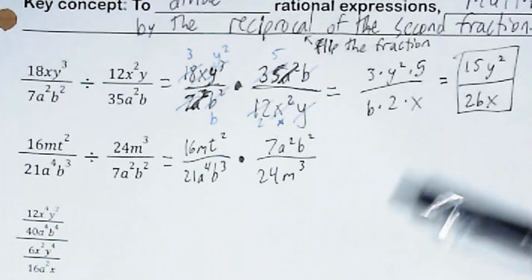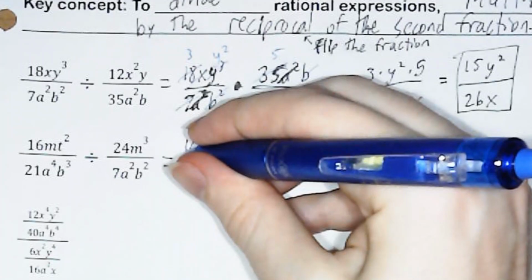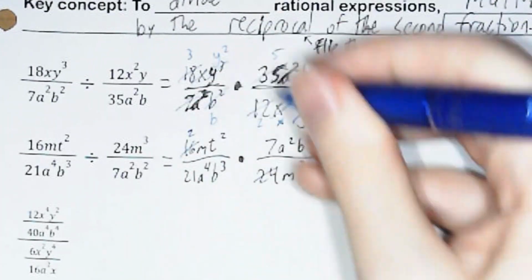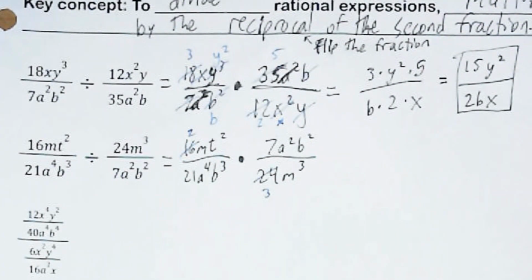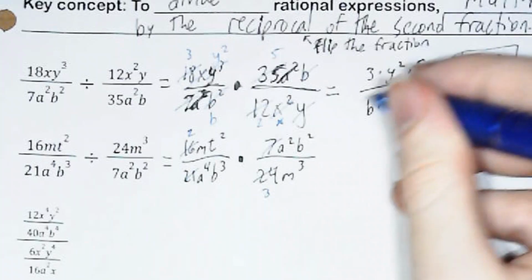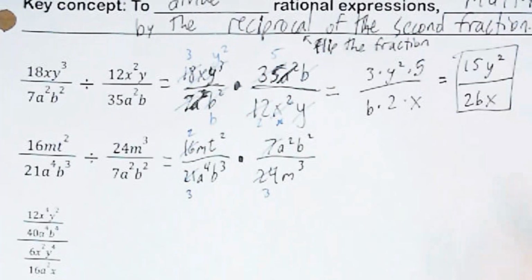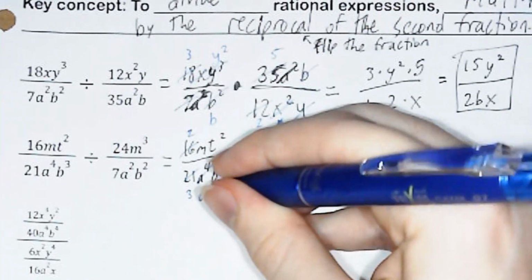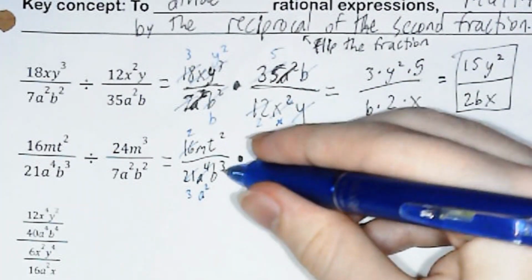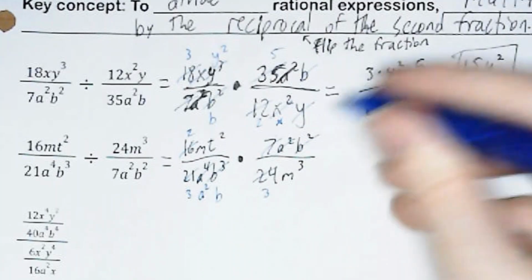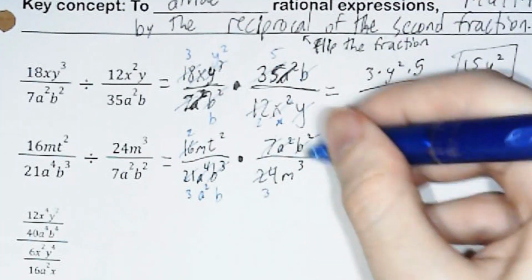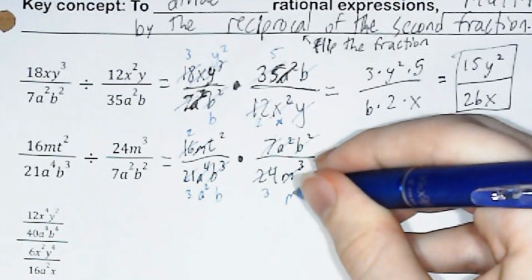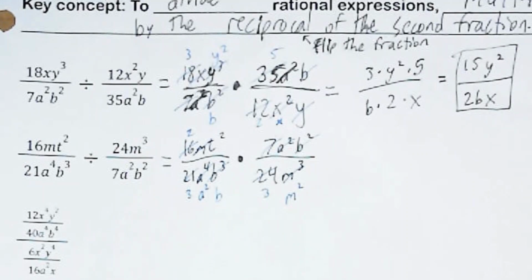Okay, let's reduce. 16 and 24, there's an 8 in common, so this becomes 2, this becomes 3. 7 and 21, there's a 7 in common, so this becomes 3, that becomes 1. We don't need to write it. A squared and a to the 4th reduces to a squared on the bottom. B squared and b to the 3rd reduces to b on the bottom. M and m cubed reduces to m squared on the bottom.